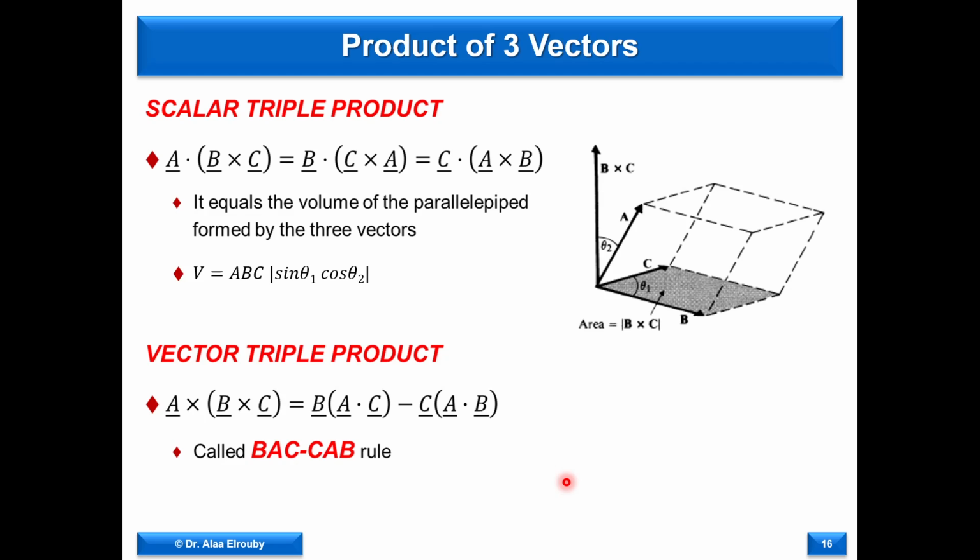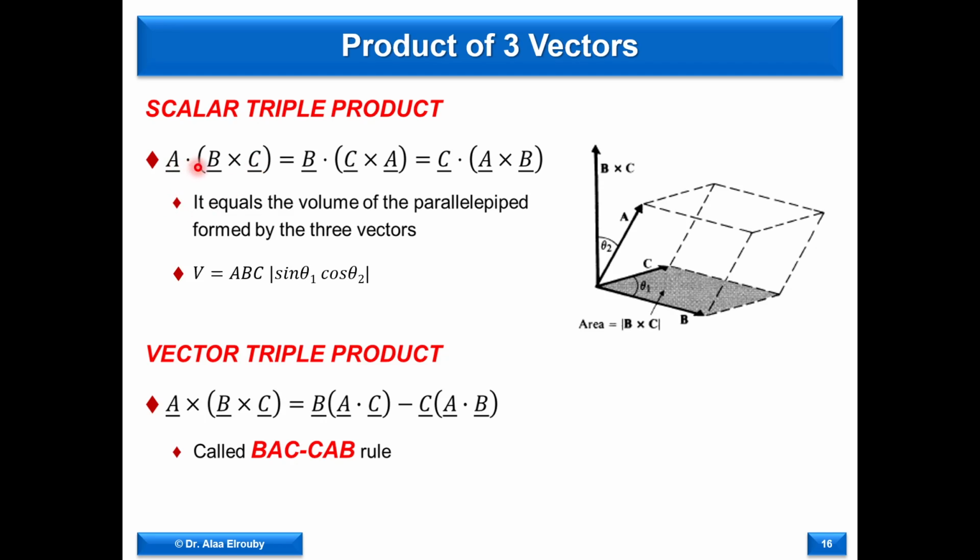Okay, so some other vector product relation is the scalar triple product, which is the dot product of a vector with the cross product of two other vectors.